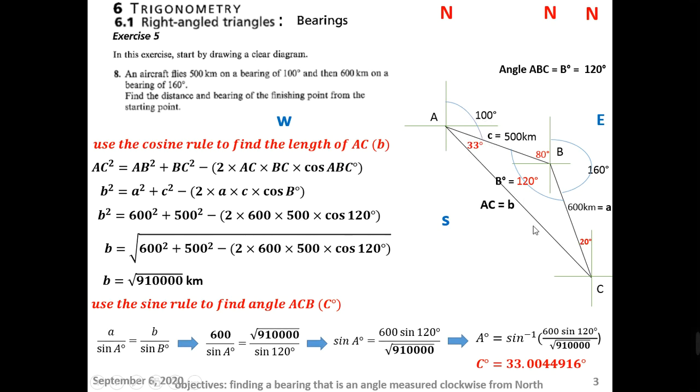So the bearing of C from A is 100 plus 33. So the final answer will be 133 degrees.